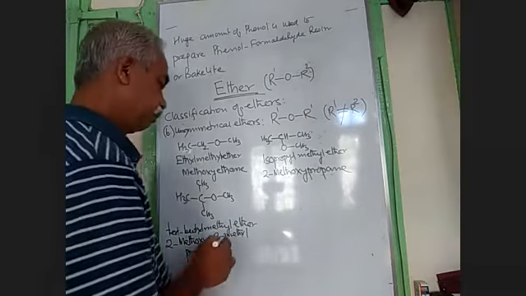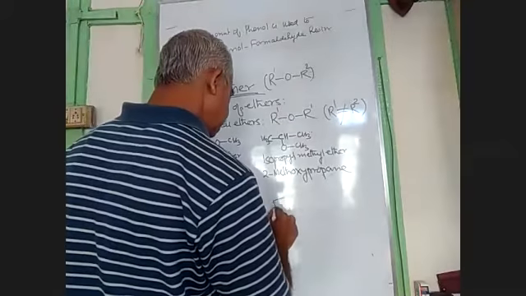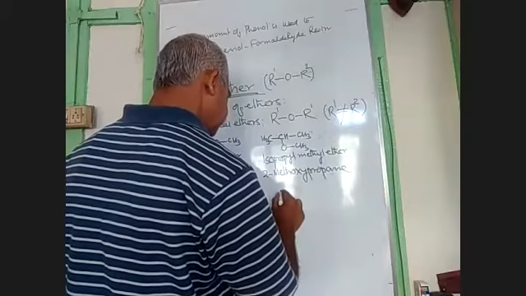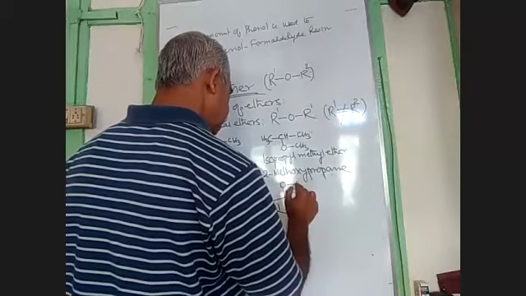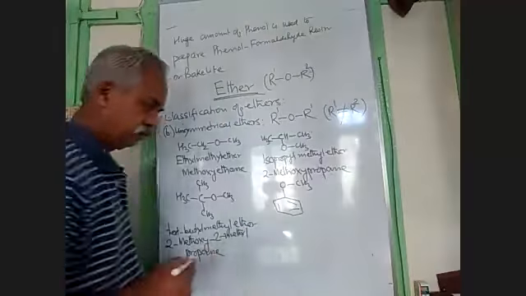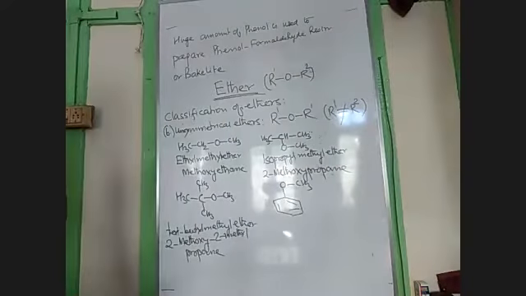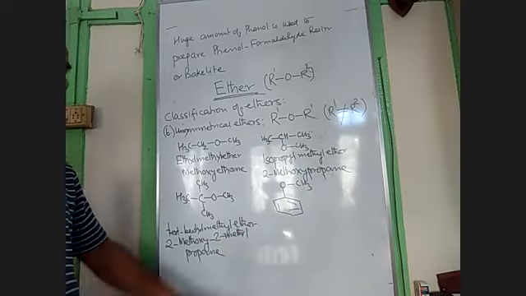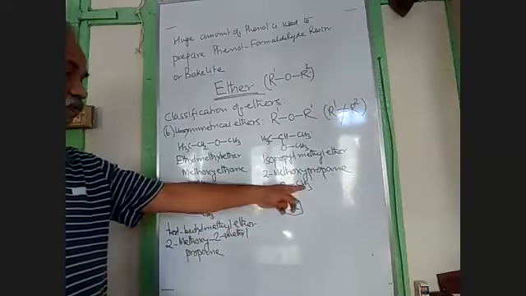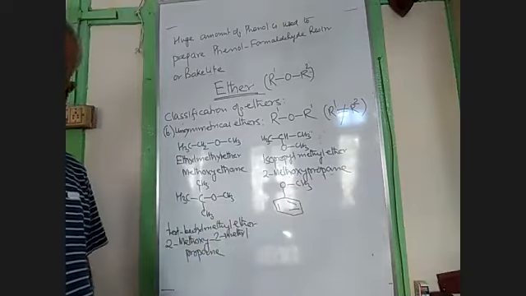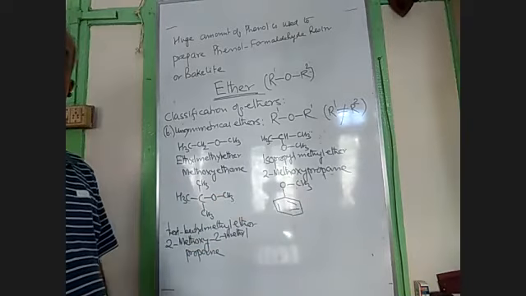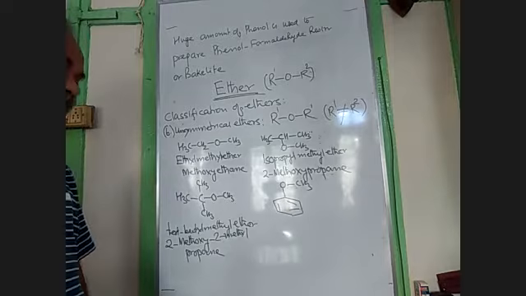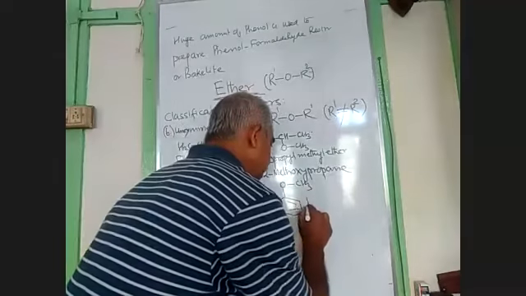Okay. Now I'll do a very famous example. We are going to discuss this also. In this case, one side is aliphatic, the other side is aromatic. This is methyl and this is phenyl. In this case, M will come before P. So its common name is methyl phenyl ether.